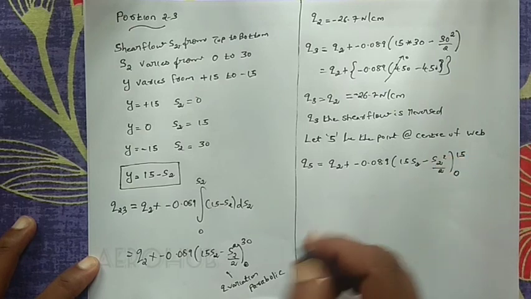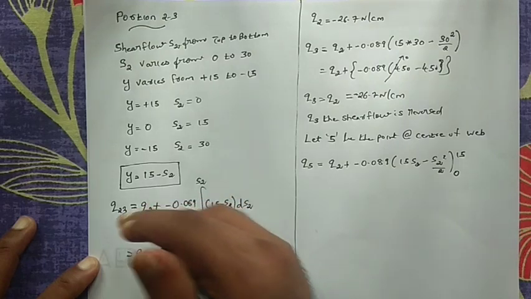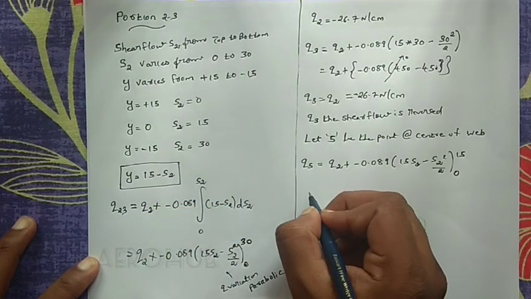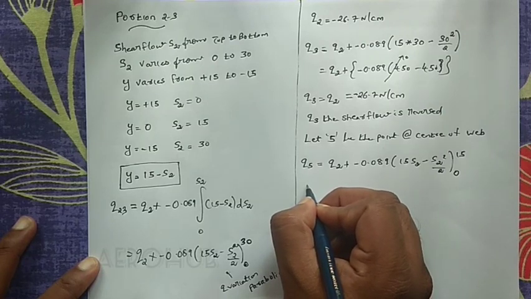So we'll substitute the value of upper limit. Okay, in the previous case, we substituted the value of upper limit as 30 to find out the value of shear flow at point 3. To find out the value of shear flow at point 5, we'll substitute the upper limit as 15.